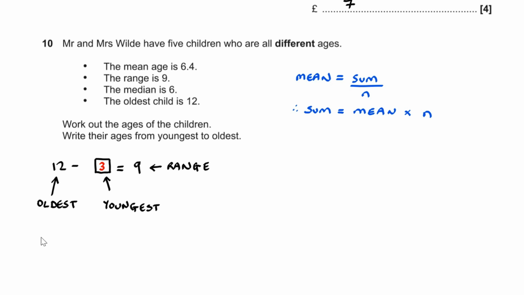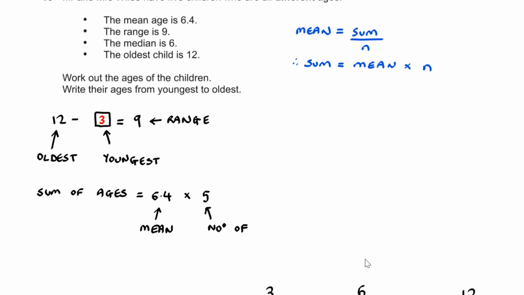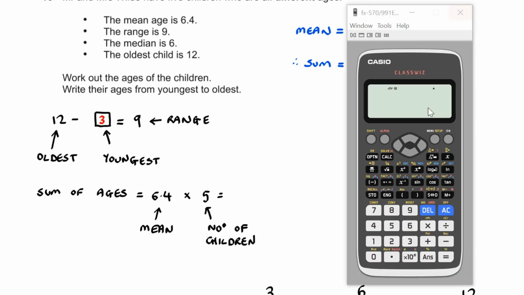So therefore the sum of their ages, we have the mean, which is 6.4, and we multiply this by 5, which is the number of children they have. So if we work this out, 6.4 times 5, that's 32.